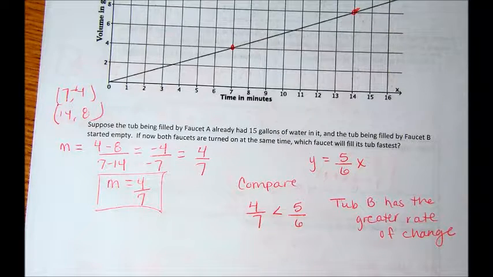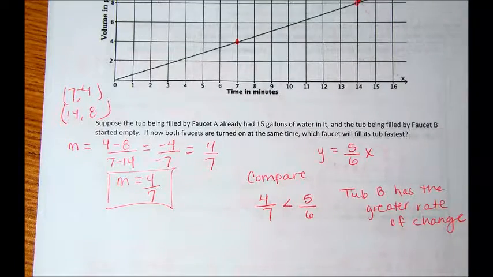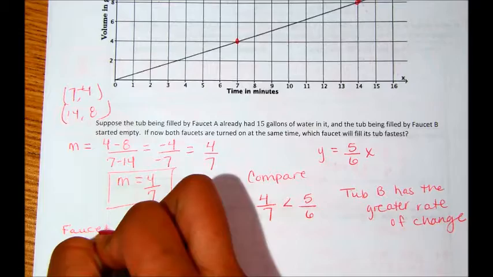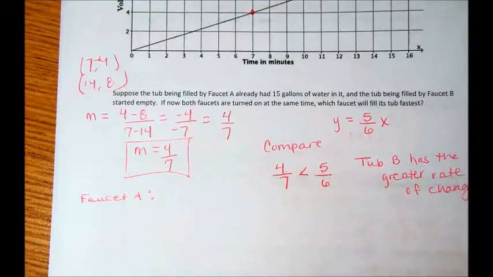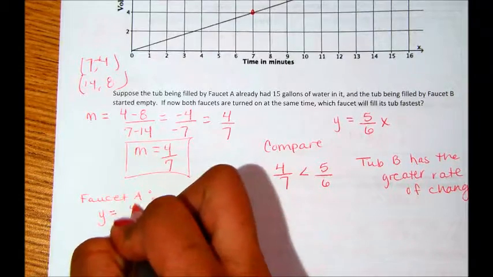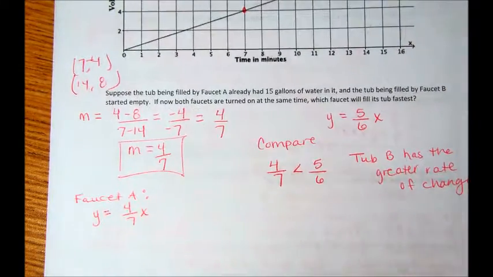Now I want to know how long it will take each faucet to fill up the tub. So for faucet A, I want to equate y to 4 over 7 x. Why is there no initial value?